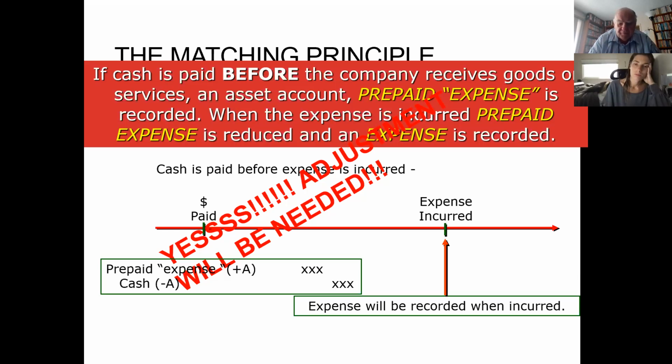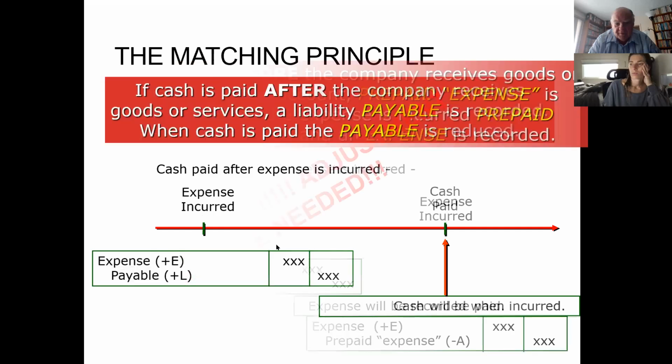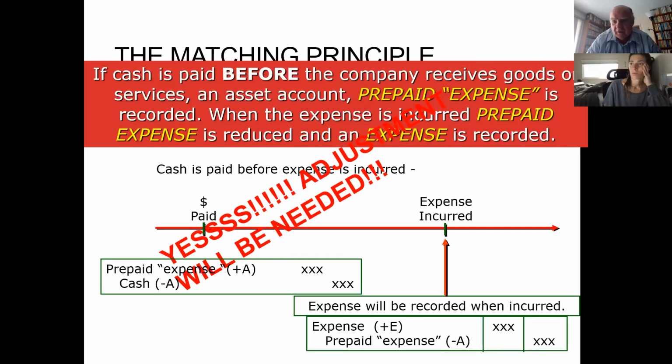So every month, we have to recognize the usage of this asset. That insurance policy covers us not from the date we paid it, but from when the contract begins, January 1st. So every month, we are going to have to write the following adjusting journal entry.